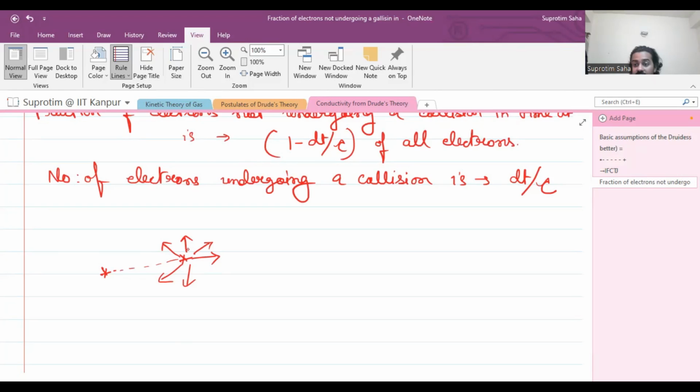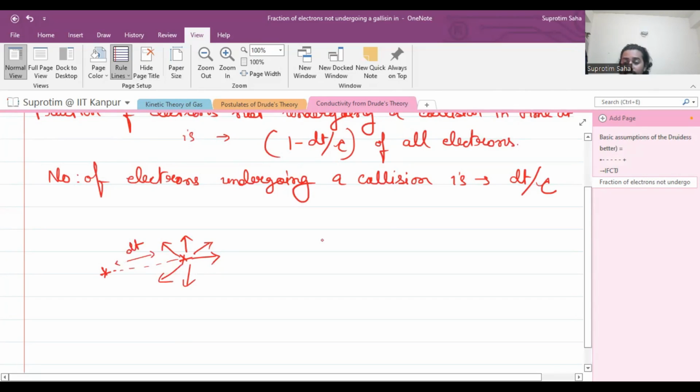So it will not contribute to the momenta at a later time, p of t plus dt. Now what is left? The momenta it has collected is only due to the force that is applied since its last collision.